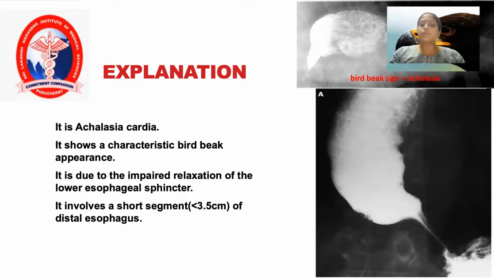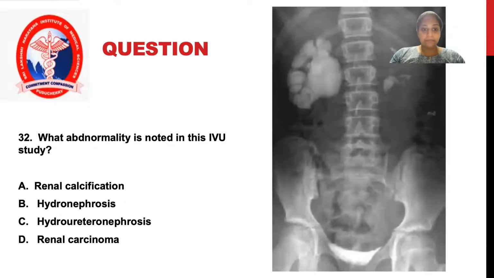It involves a short segment, usually less than 3.5 centimeters, of the distal esophagus. There are two respective images which show the bird beak sign of achalasia. This is also a bird with a beak. It is a classical case of achalasia cardia.